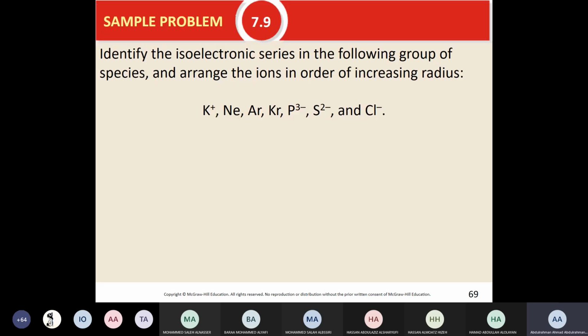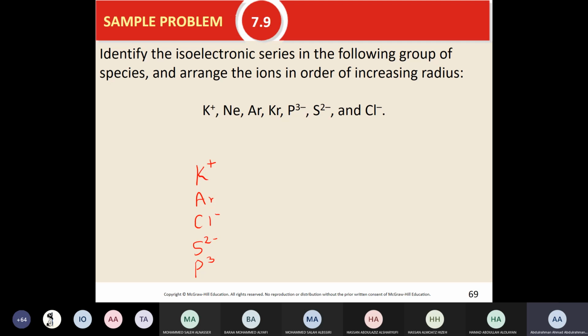Very good. Now, let's look at these atoms, and let's look at K plus, argon, then Cl minus, and then S2 minus, and then P3 minus. Let's start with argon.